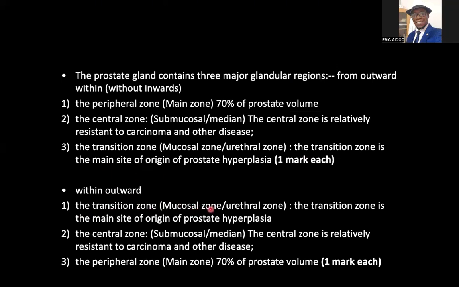That's the mucosal zone within which the prostatic urethra will pass, so that is the urethral zone. The transition zone is the main site of origin of prostate hyperplasia. The central zone will follow, and then the peripheral zone. It's just like you are running in the opposite direction.